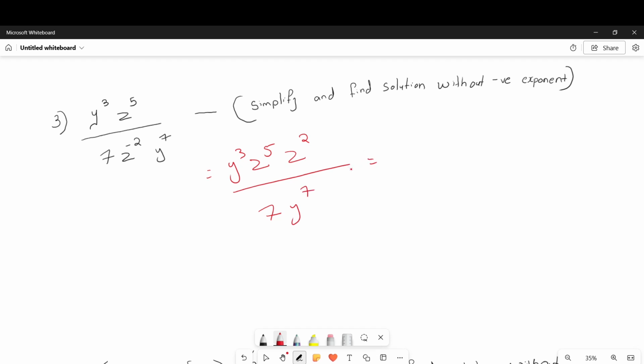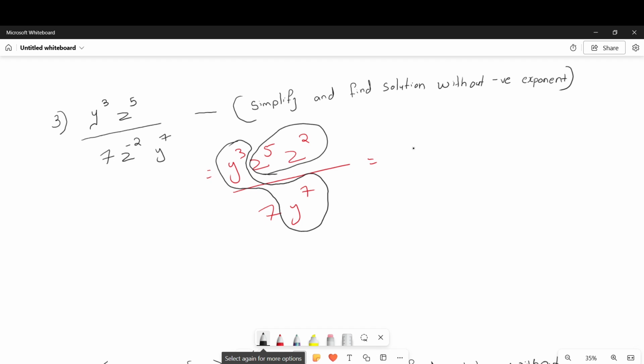So if I do this, here we apply the product rule, and we apply the quotient rule here. Got it? Okay.